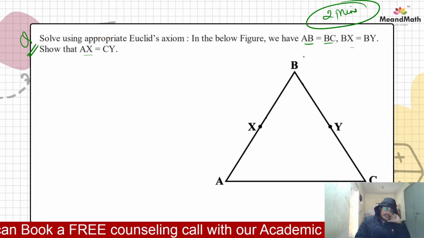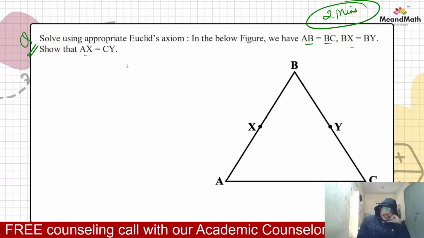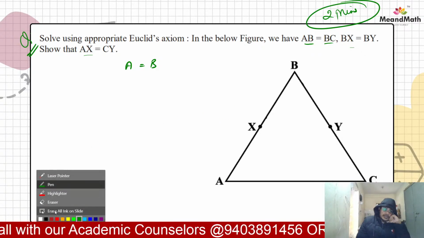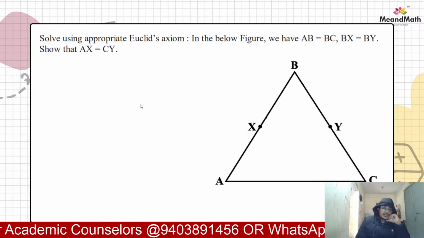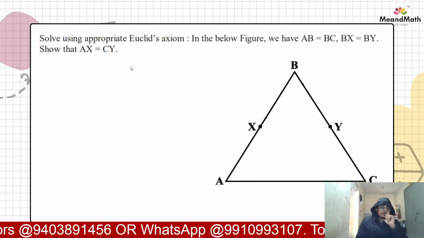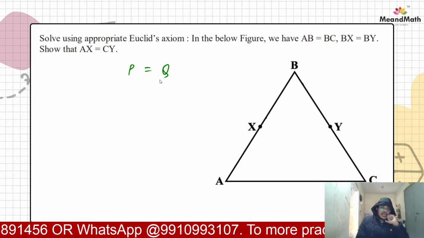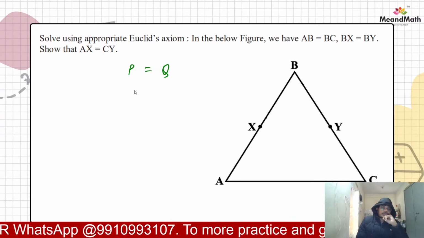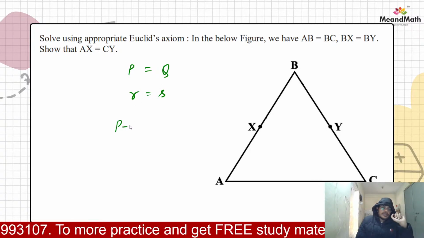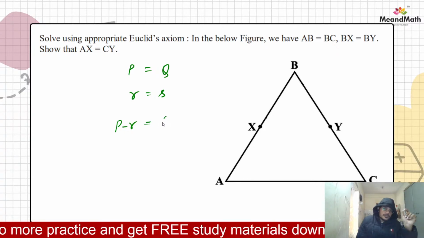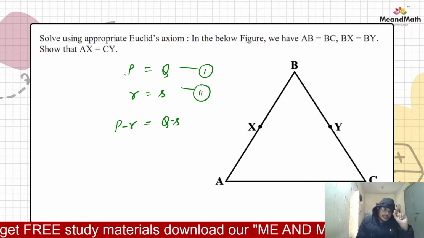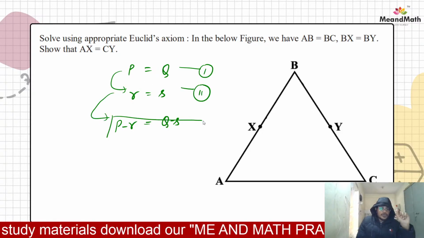See, what does Euclid's axiom say? That if, let's say, P is equal to Q, and let's say R is equal to S, so if you subtract P minus R, then this should be equal to Q minus S. That means if this is your equation 1 and this is your equation 2, you can subtract them and they will also be equal, right?